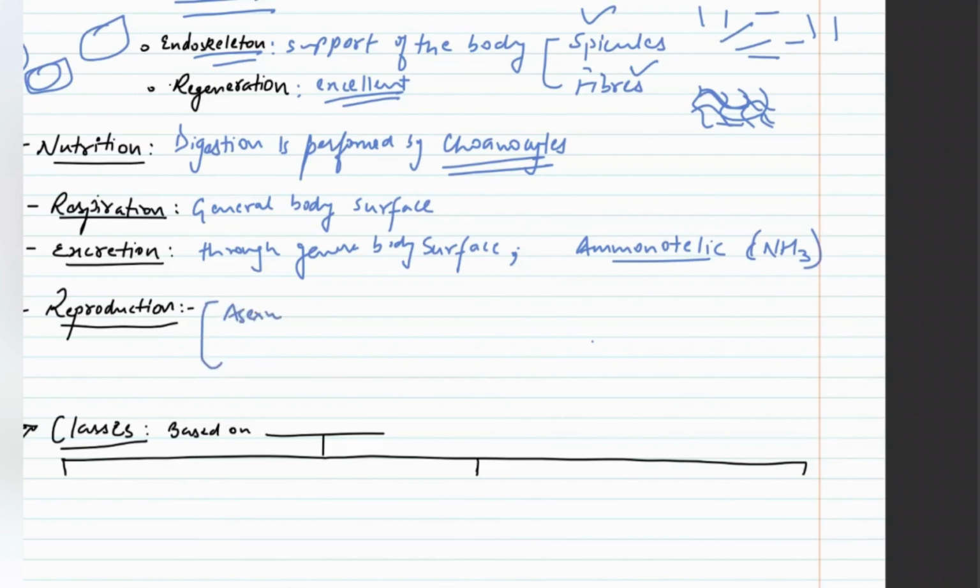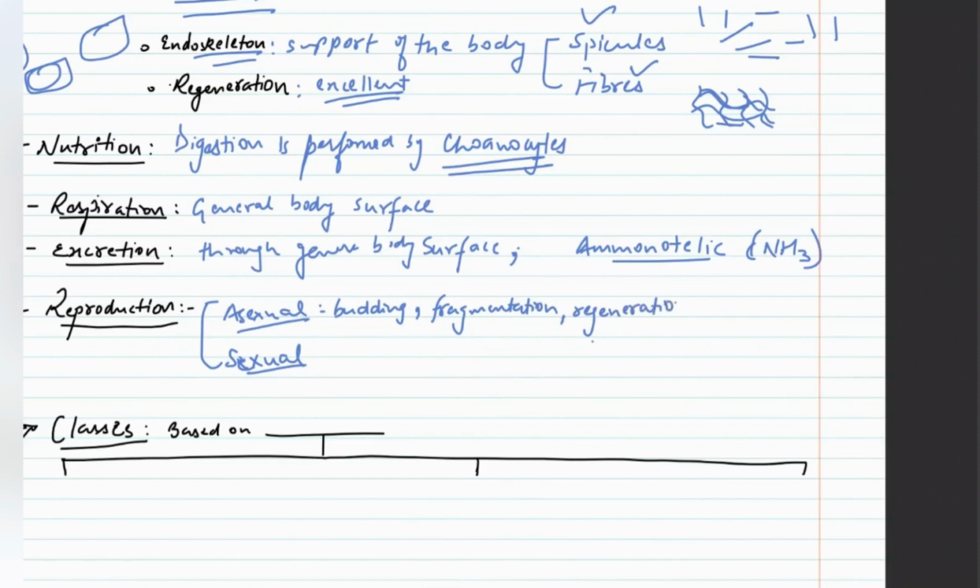Reproduction in sponges can be both asexual and sexual. Asexual reproduction takes place by budding, fragmentation, and regeneration.